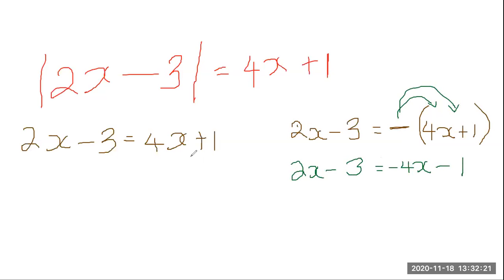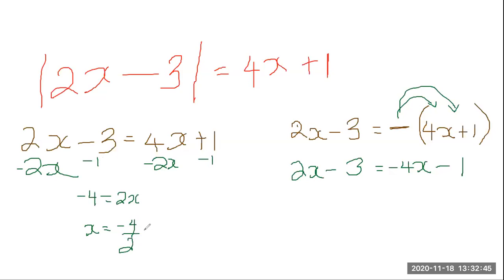And then you go through and you move variables from side to side. In this case, I'm going to move my 2x over here. And then I'm going to do my minus 1, minus 1. So minus 4 is equal to 2x, right? So x is equal to negative 4 over 2, which is negative 2.